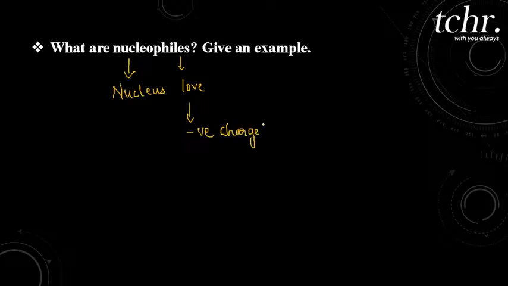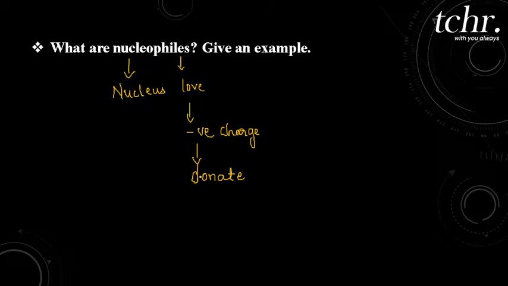So it can donate electrons. Since it has negative charge, its nature is that it can donate electrons to anyone which is coming with a deficiency of electrons. Now if an electrophile comes which has an electron deficiency, this nucleophile can donate the electron. Is that clear? Because it is rich in electrons.